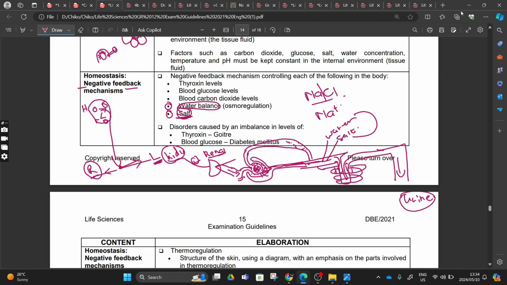I want you to concentrate on this part. This is where we detect if we have more salt or no salt, right? If we are having salt, that salt is going to be received there.